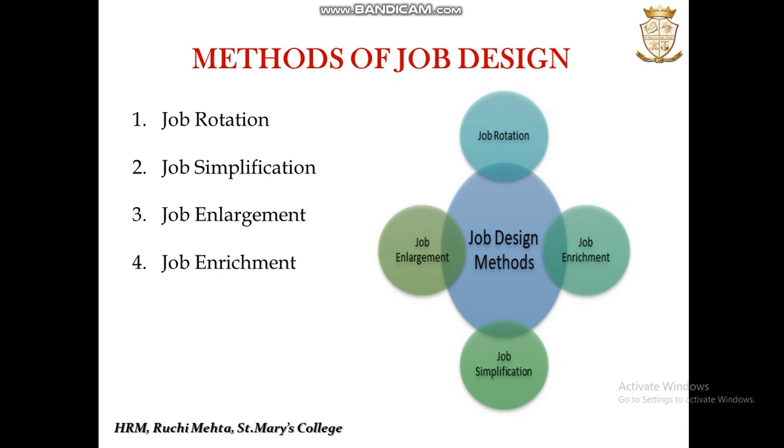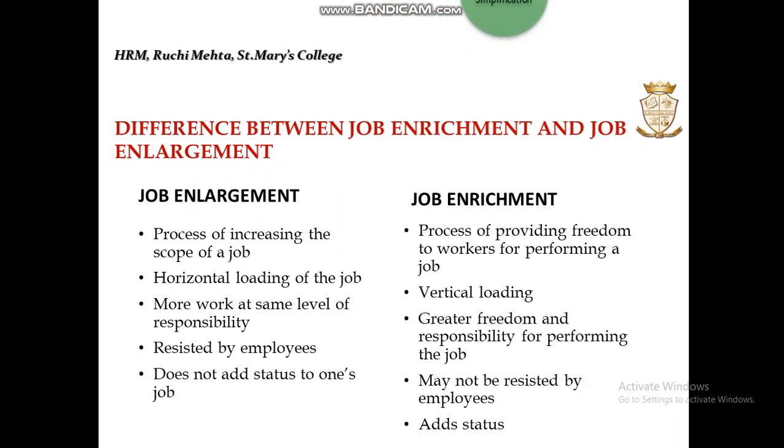He does not have to report to any top manager. So when it becomes his own work, he will work harder for it. And that will motivate the employee. That is job enrichment. So, the four methods of job design are job rotation, job simplification, job enlargement, and job enrichment.